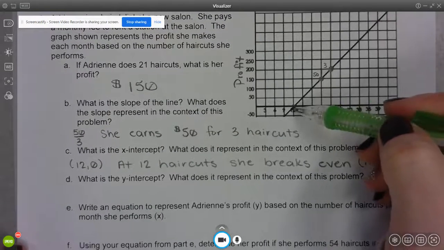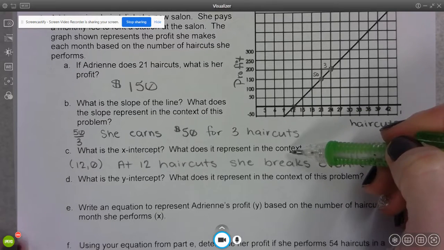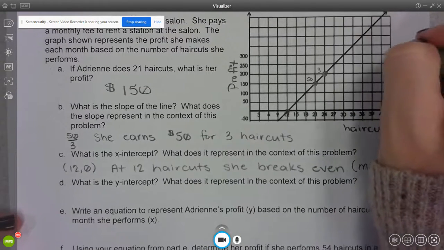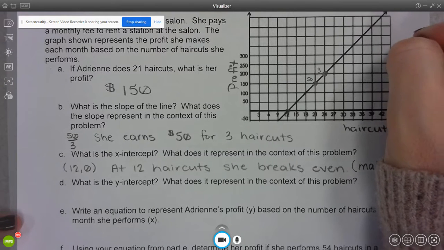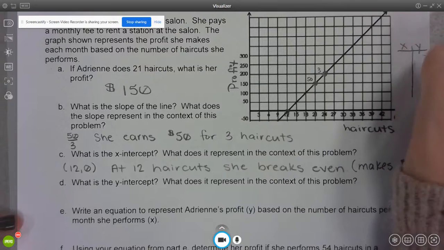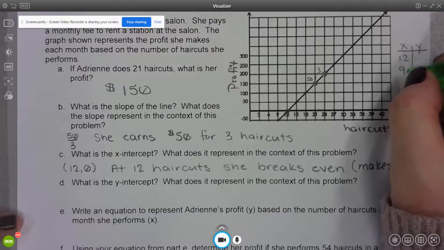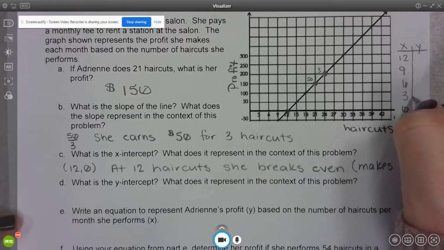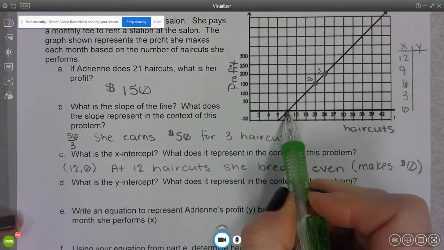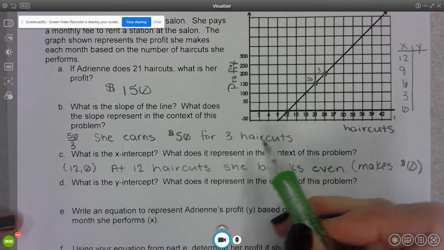So what I notice here, they're asking me about the y-intercept. I don't see that on my graph. So what I'm going to do is make a table, and I'm just going to work backwards. So 12, 9, 6, 3, 0. I'm doing the points as if I was working backwards on my graph.